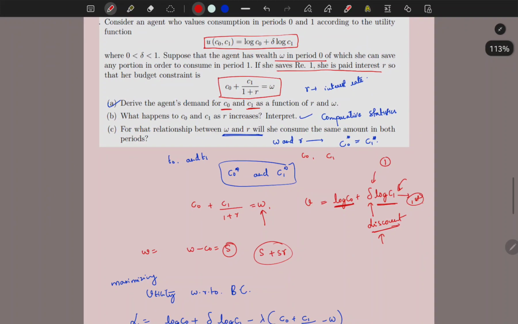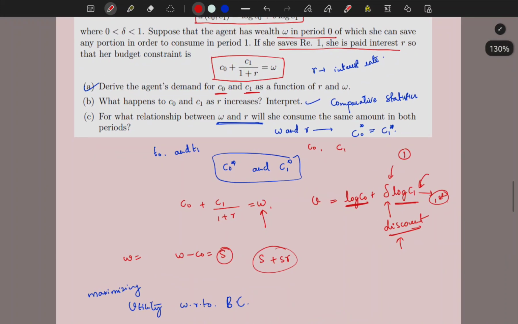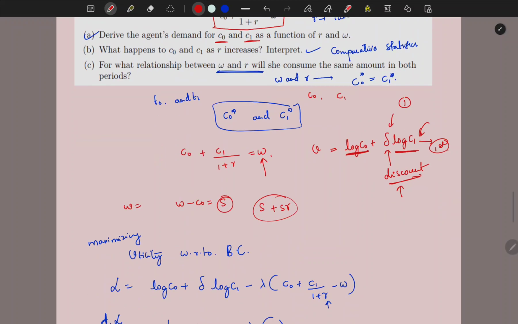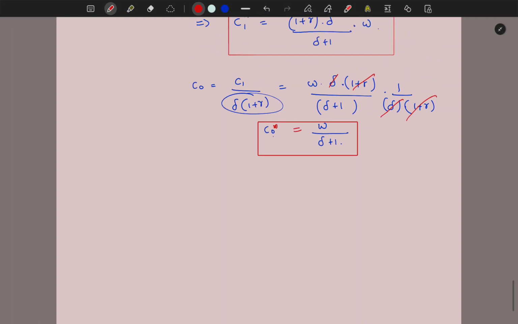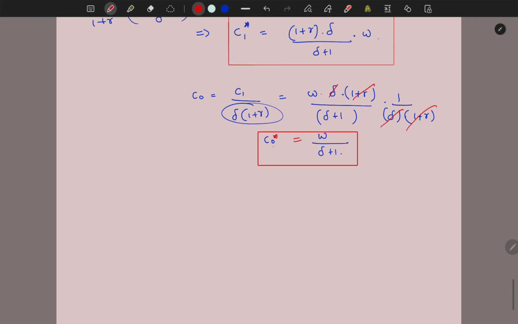Now they are asking about comparative statics. What happens to C0 and C1 if R increases? First, let's see what happens to C1 as R increases.